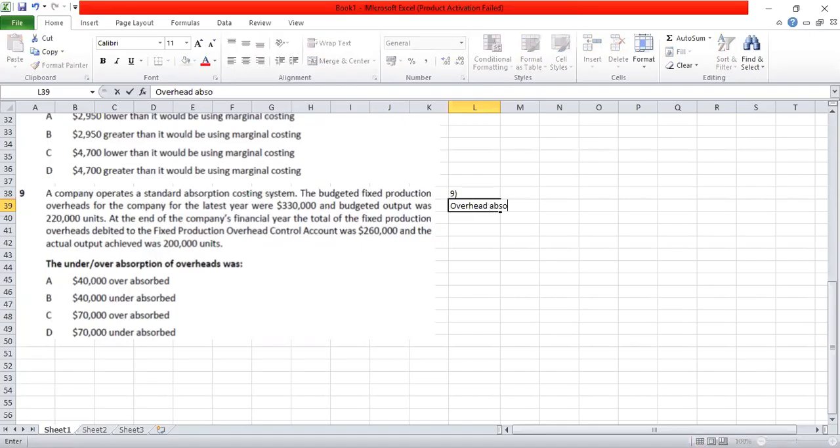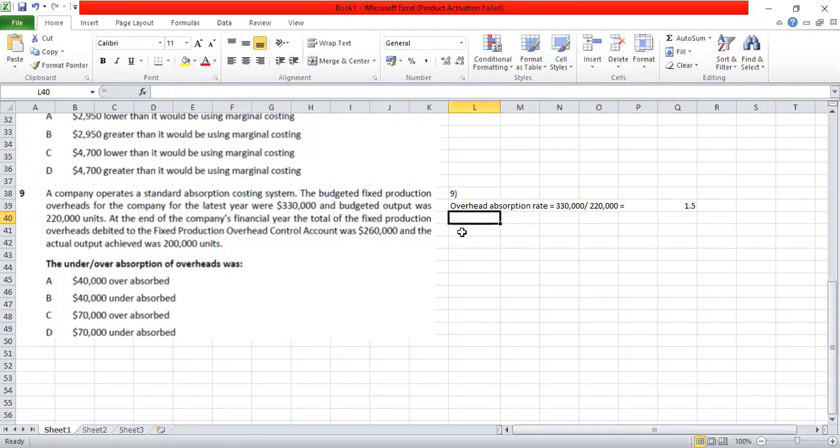Overhead absorption rate is equal to the total amount of overheads last year, 330,000, for an output of 220,000. So that would be converted into some rate. That comes out to be 1.5.